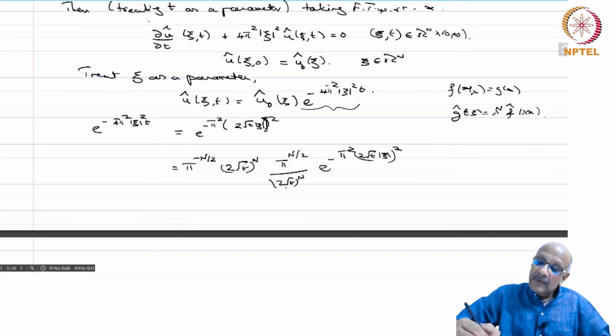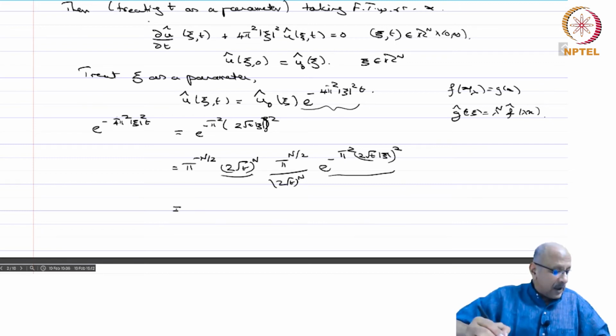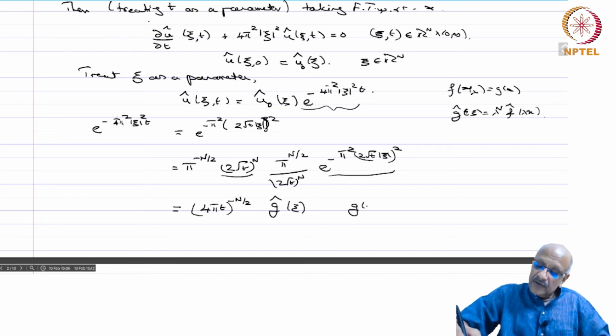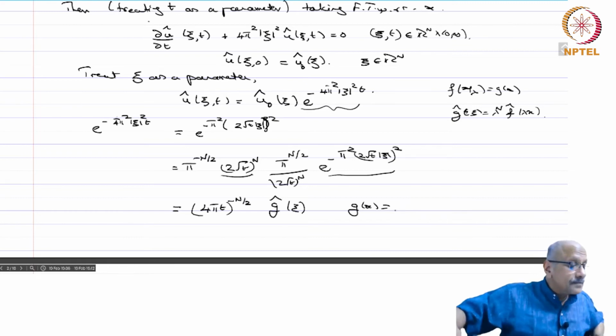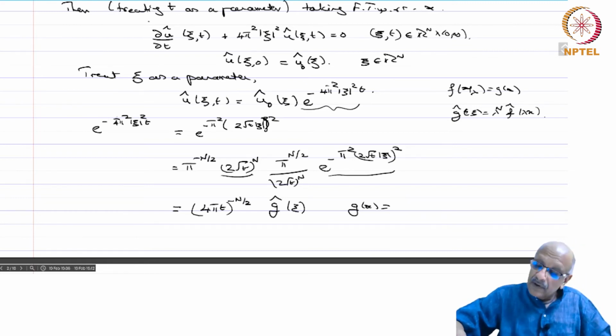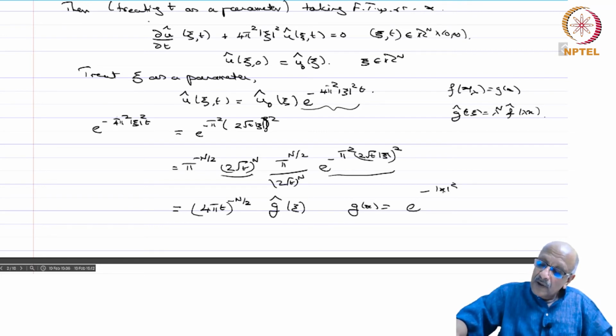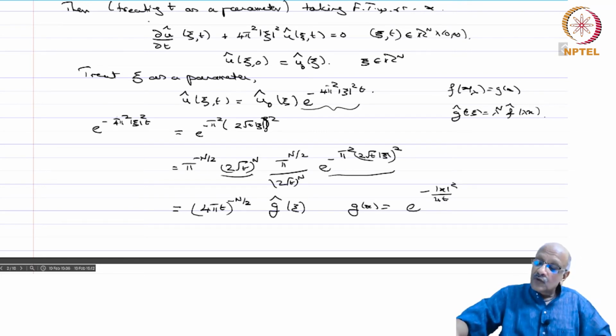So lambda power n times f hat of lambda xi. This is nothing but 4 pi t to the minus n by 2 times g hat xi, where g of x is equal to e power minus mod x square by 4t, that is, 2 root t whole square.